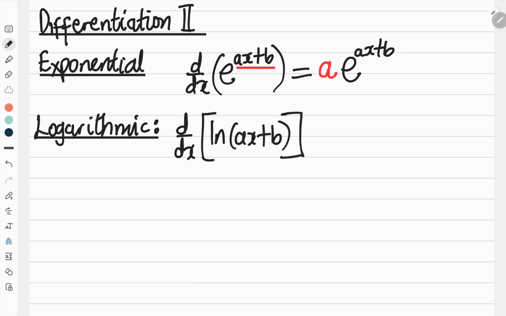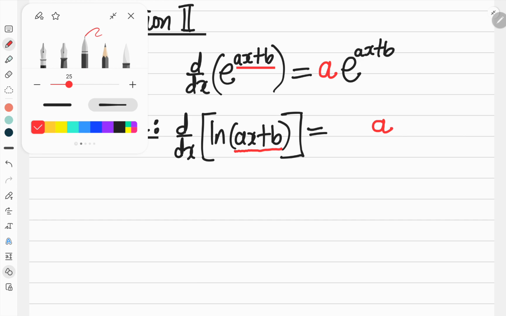It could be linear, it could be anything else. How do you differentiate this? You look at what's in front of your logarithm right here. You differentiate that. So in this case, it's going to give us an a.